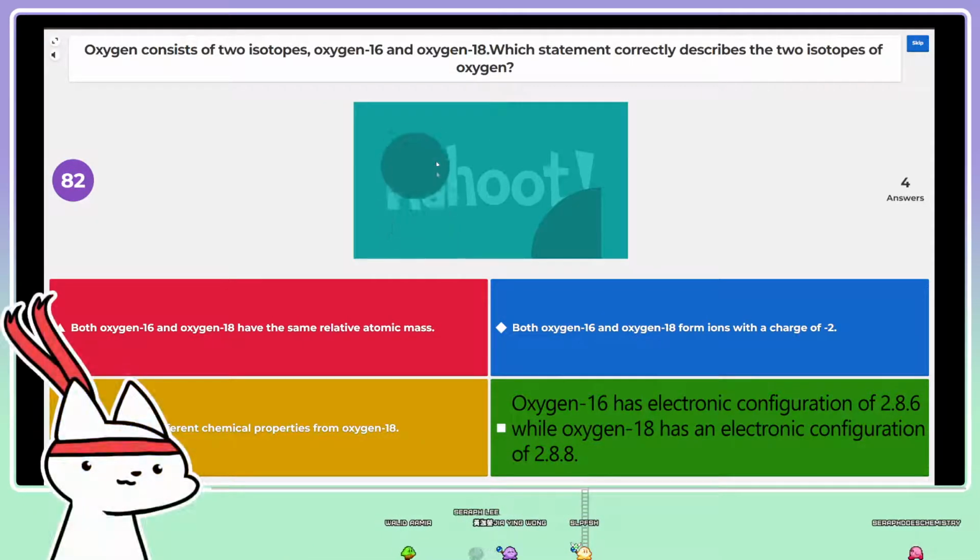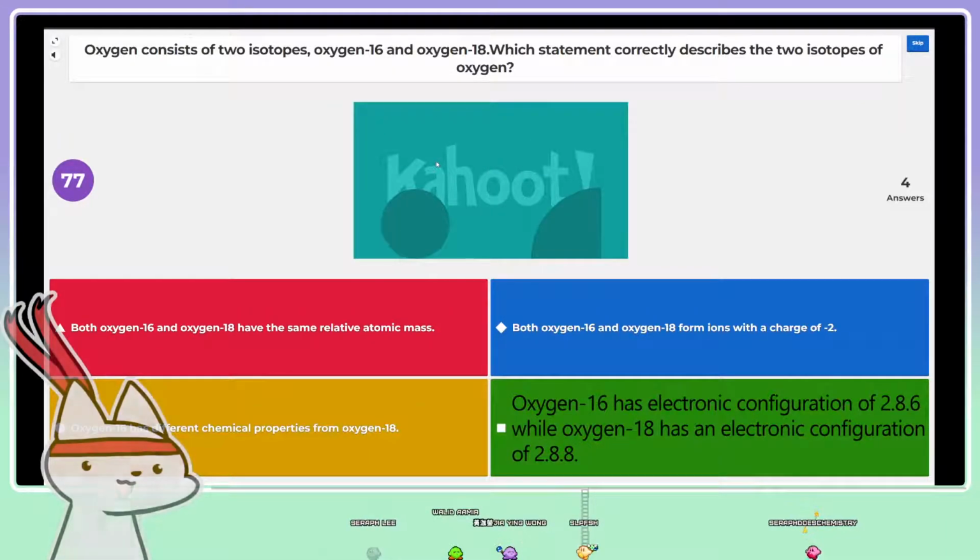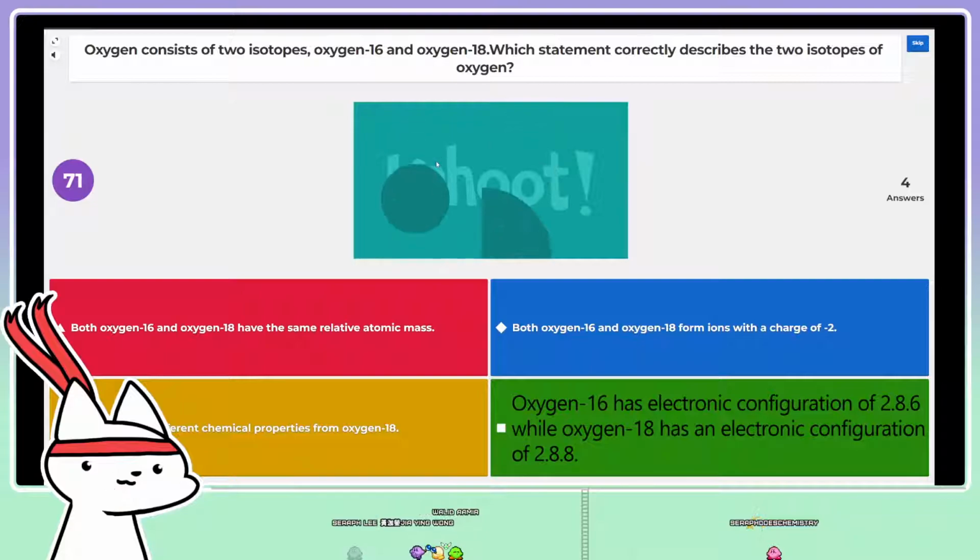So in this case, oxygen 16 and 18 are mass numbers. So they're isotopes. They have the same number of protons and different number of neutrons.